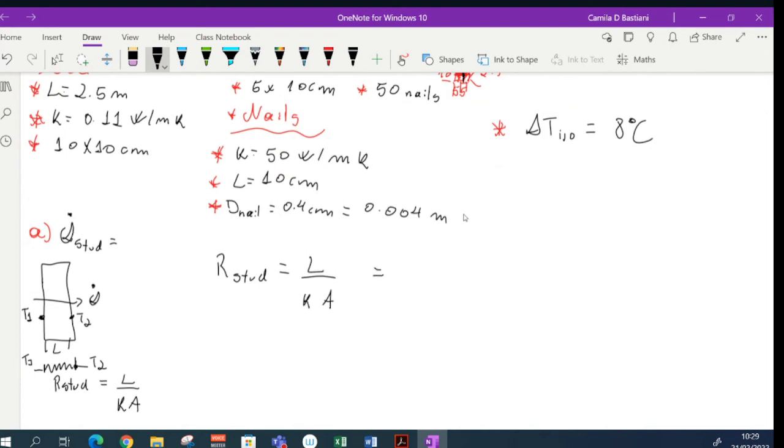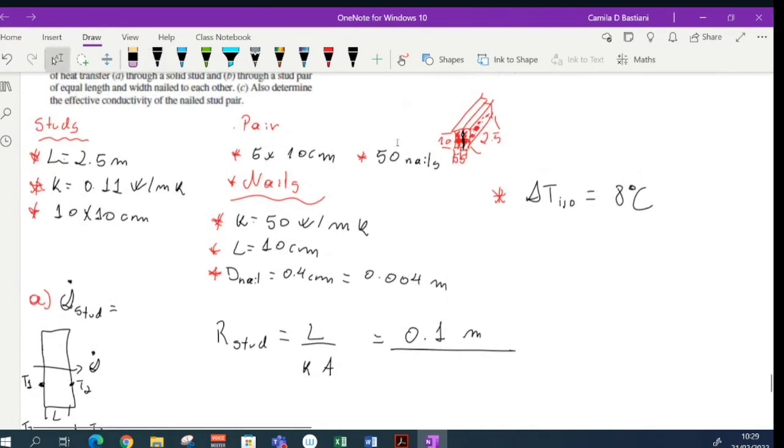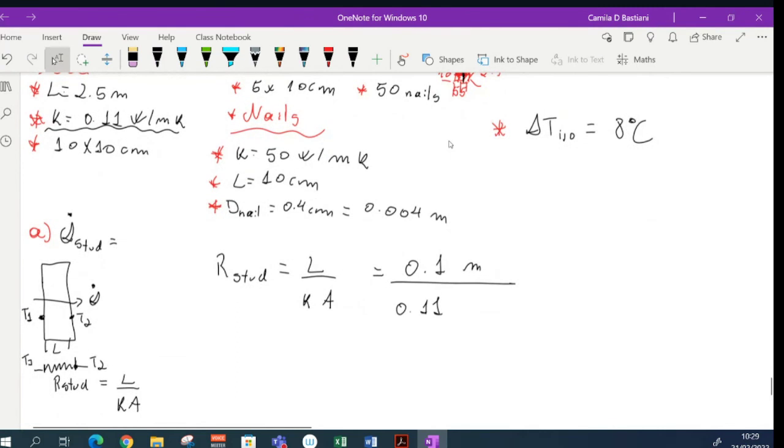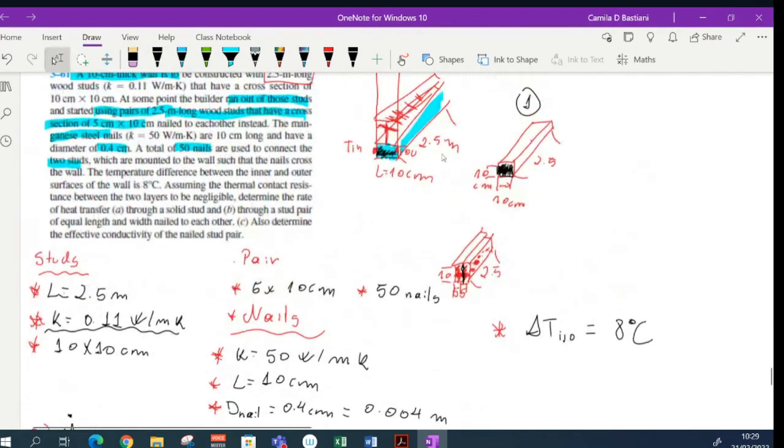I know that my L, so my thickness, is 10 centimeters, so that's 0.1 meters. I'm given the K for the wood stud, 0.11 watts per meter degrees Celsius, multiplied by the area. Which area am I assuming for the heat transfer? Is that this area or this area here? The larger or the smaller area? Exactly, the larger area.